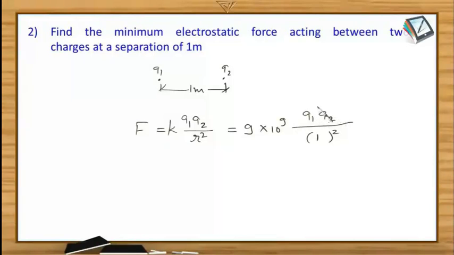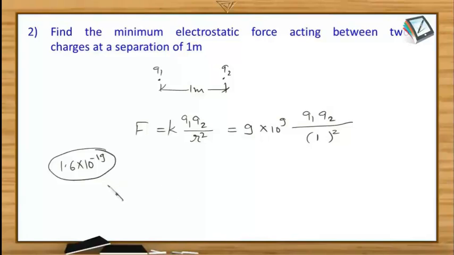So we have to think about the minimum possible value of Q1 into Q2. Can you figure out the minimum value of Q1 into Q2? Just now we have discussed the same thing, that there is a minimum possible charge which can exist independently, which is the charge of the electron.